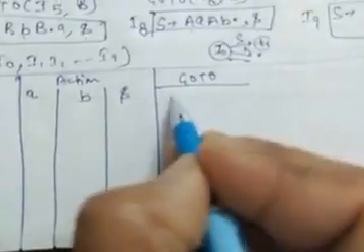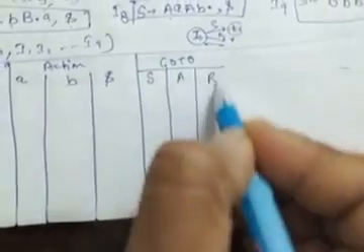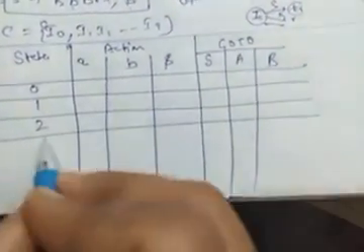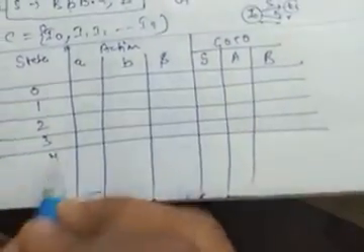In go to, we will put all the non-terminals S, A, and B. There are 9 states, so we will put 0, 1, 2, 3, 4, 5, and so on. Means we have to write up to 9 state.